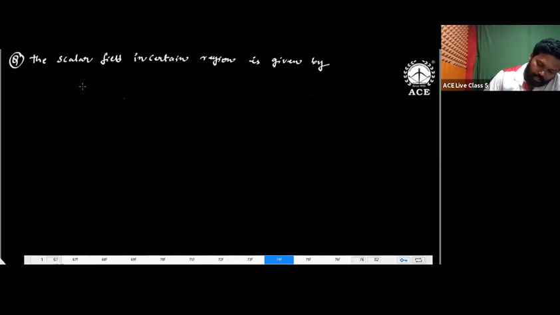Here is a question. The scalar field in a certain region is given by r square sin theta cos phi.